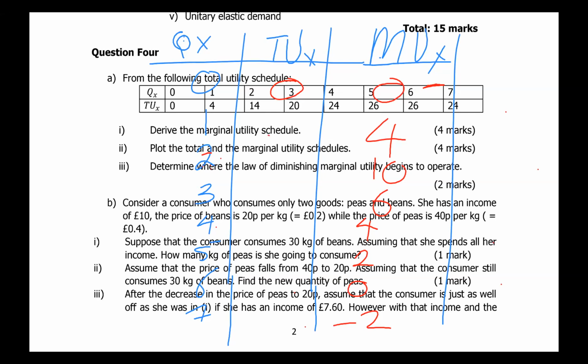At unit number 1, this is 0 here. You add marginal utility 1, which is 0, plus marginal utility 2, which is 4. So 0 plus 4, you find that total utility will be 4.